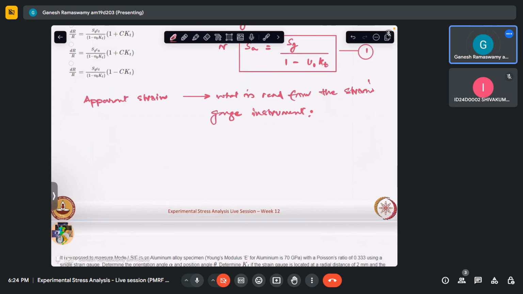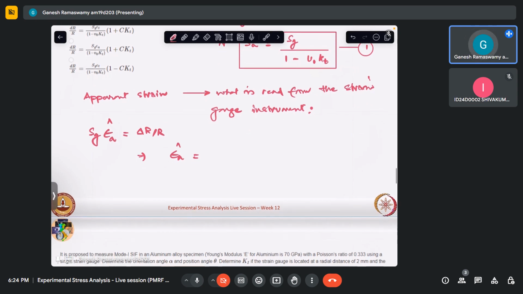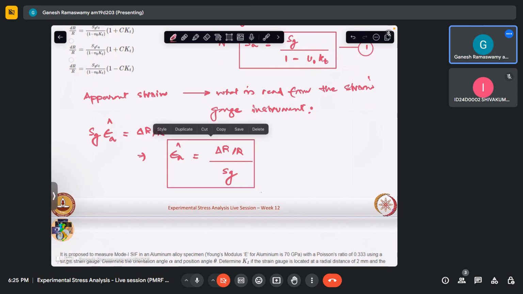That is, if we know delta R by R, we say it is Sg into epsilon A, but this epsilon A is the apparent strain that we are reading. This is not the actual axial strain that was of our initial interest. So that is why we term this as the apparent strain. So this is given by this expression.